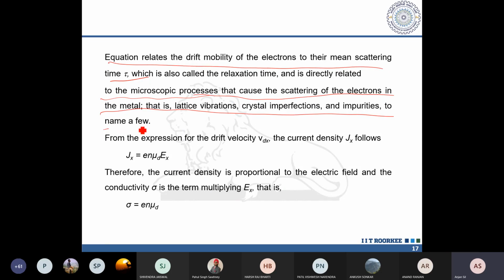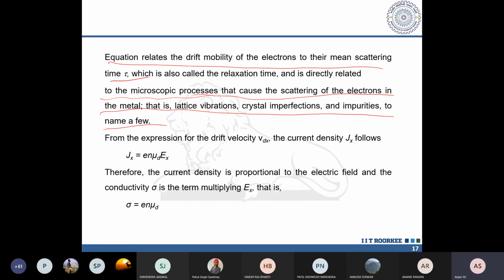You understand? That is where the material scientist or materials technologist, people like you, have to contribute. Since the drift mobility has a connection with tau, and tau is nothing but t minus ti bar, if t minus ti is, say, instead of 0.001 second, you can make it 0.01 second, that means tau is now 10 times more than this.